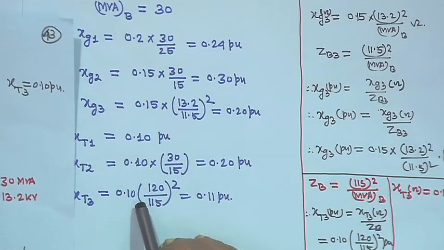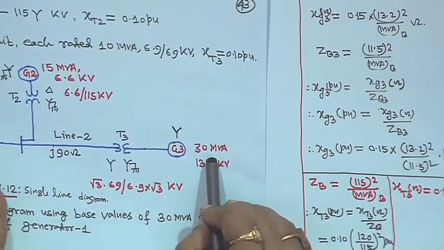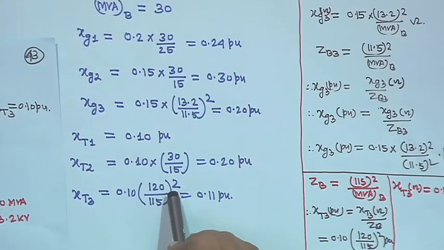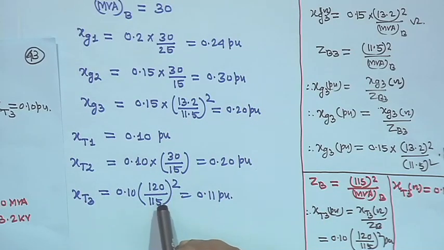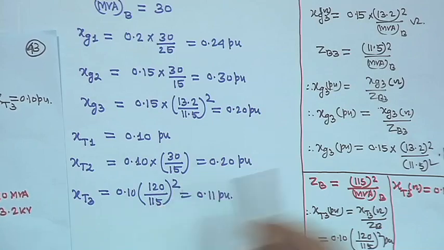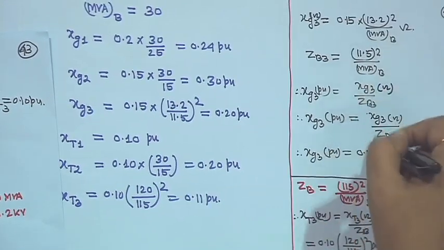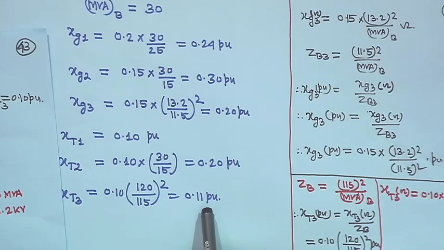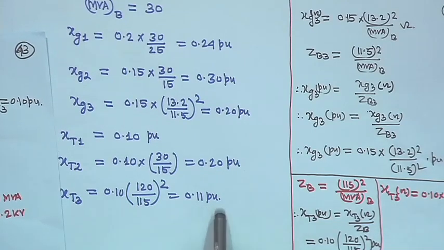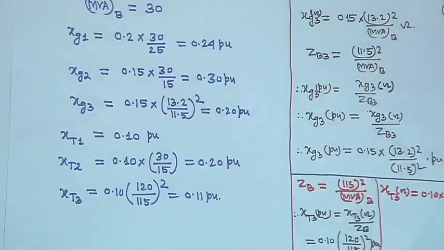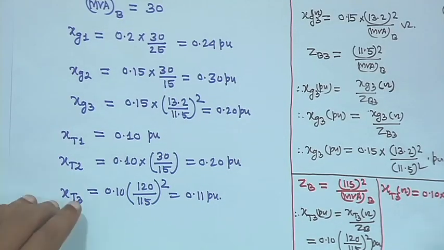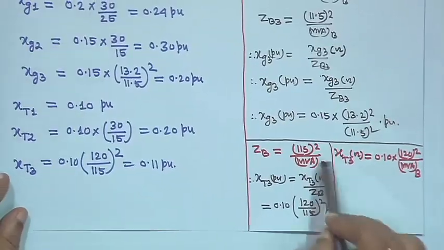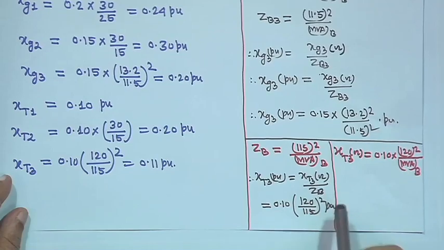So XT is 0.10, the base MVA is 30 and the transformer rating is also 30 MVA. So it is 0.1 into 120 upon 115 squared, the same as before, and you will get 0.11 per unit. So all these impedances you have got. I have made this calculation here for you also, you can go through it.